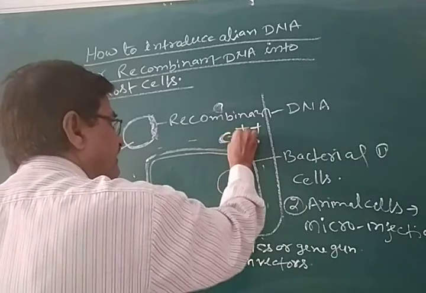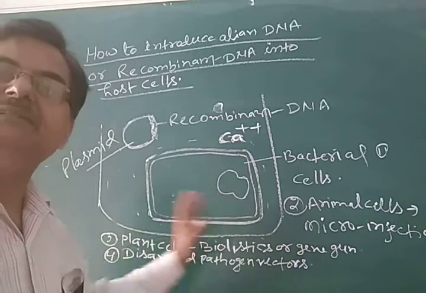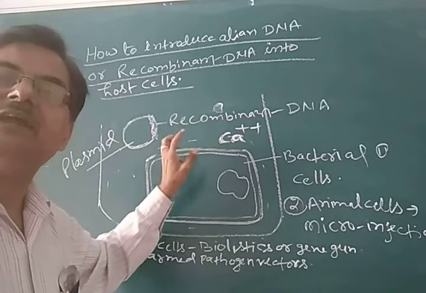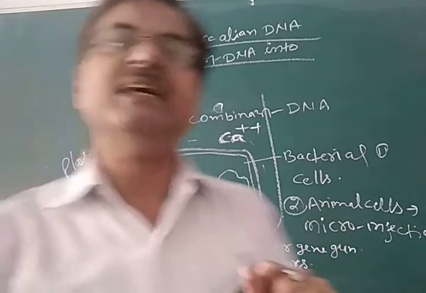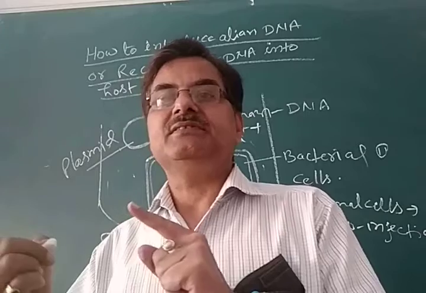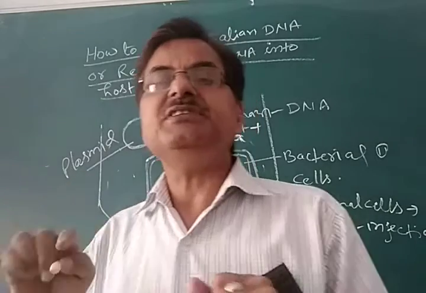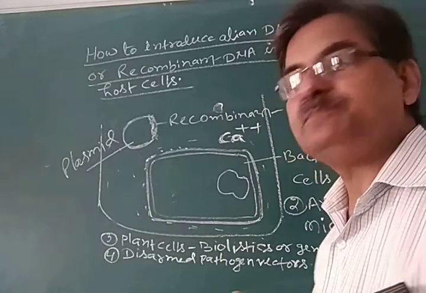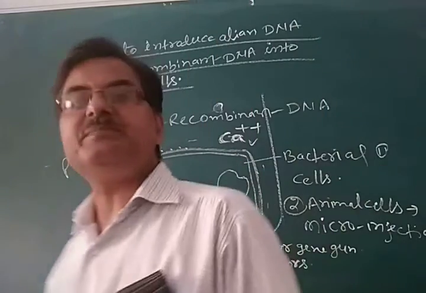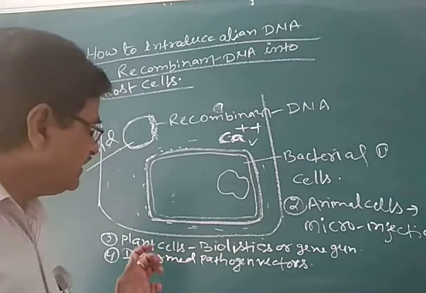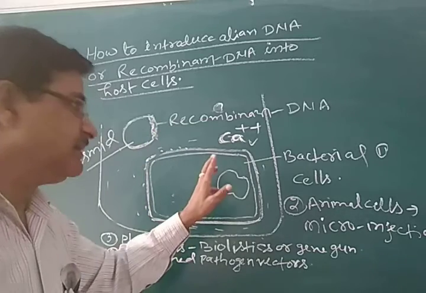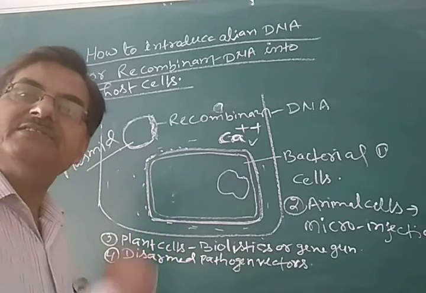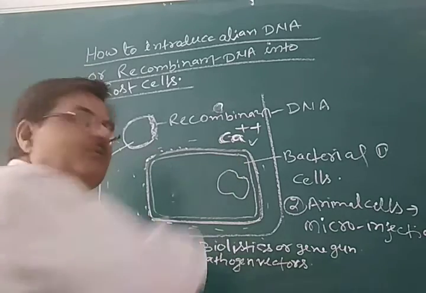This cation or calcium ion increases the efficiency with which DNA enters the bacterial cells through the pores present in the cell wall of the bacteria.